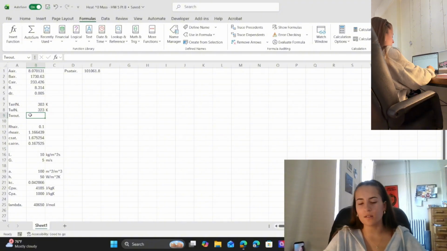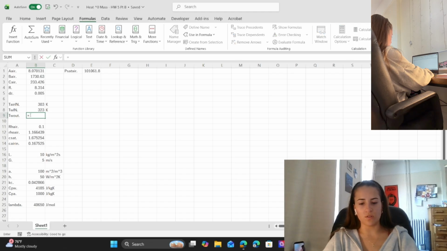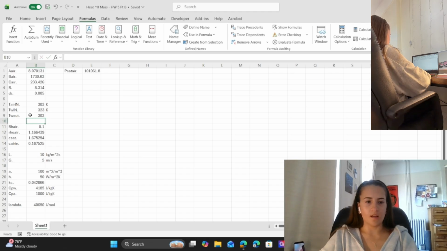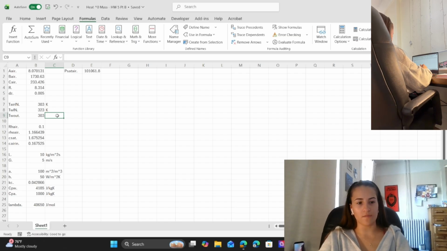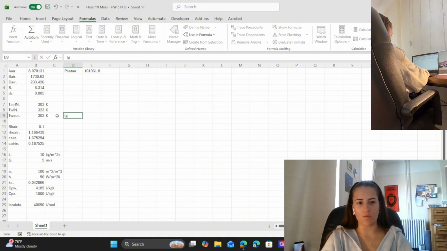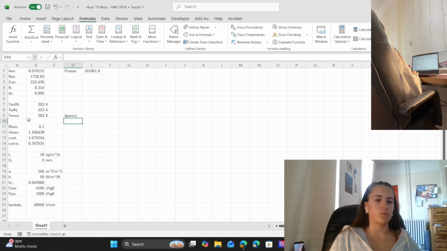So we're just going to guess that this is equal to 303, because that is the temperature of the air coming in. So we're just guessing that it's the same as the temperature of the water coming out. And this is Kelvin, but this is our guess value, just to keep track of that before we actually change that using solver.